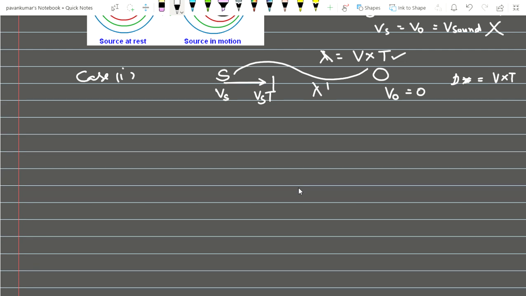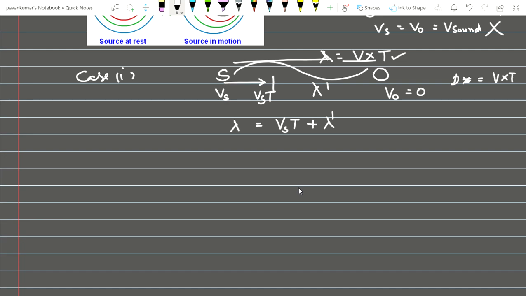From the figure, we can clearly say that the distance between source and observer initially is lambda. The distance travelled by the source is Vs into t, and the remaining distance, called the apparent wavelength, is given by lambda dash.